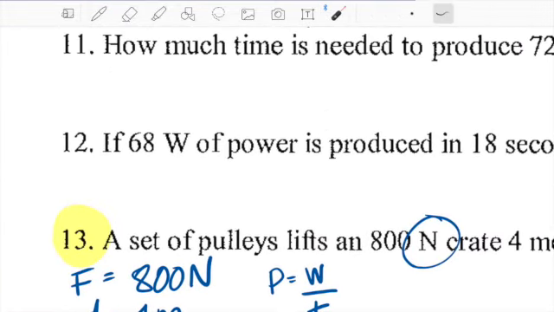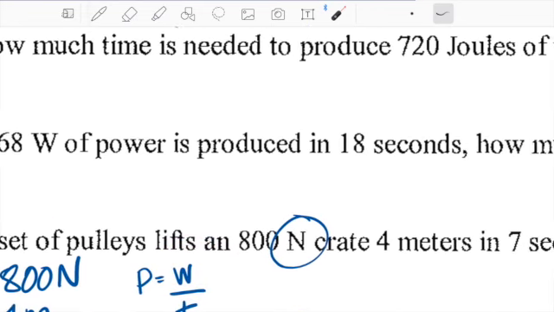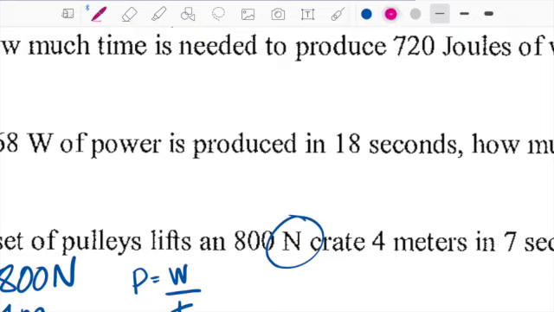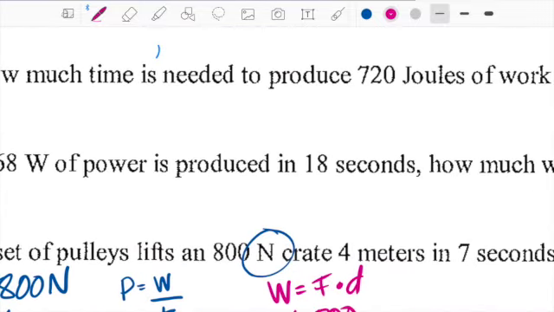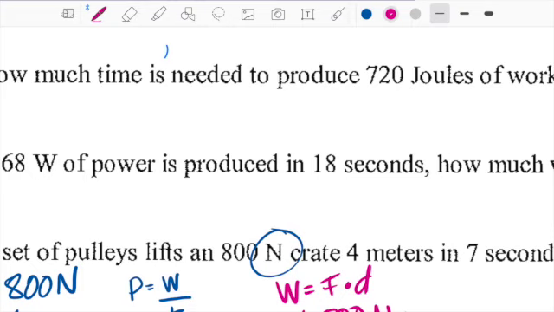So if you observe your data, and this is what I talked about before when I was showing the presentation, sometimes I don't give you work. And if I don't give you work, you have another formula to get it. And this other formula would be work equals force times distance. So work equals force times distance, which is 800 newtons times 4 meters.